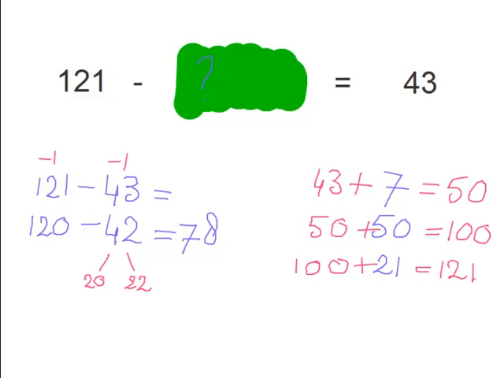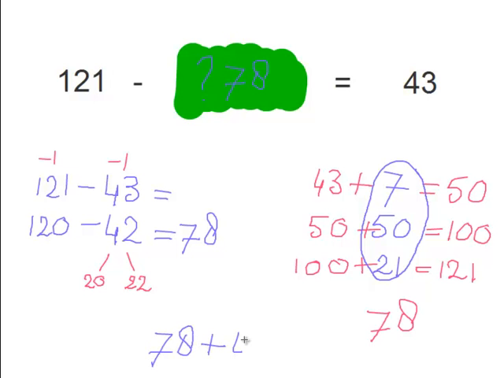So now we just have to add these blue numbers here. So 7 plus 50 plus 21 equals 78. And again, let's check our problem. So we'll add the 43 plus 78. Right? And that does equal 121.